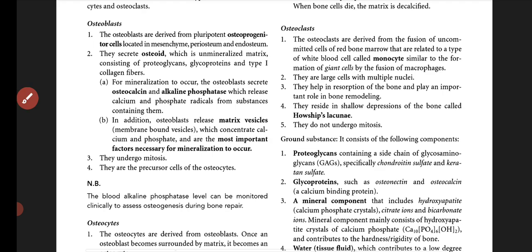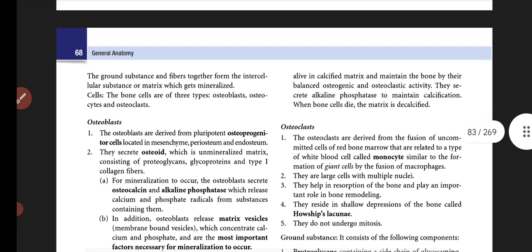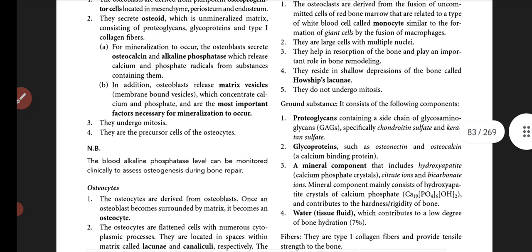Next one is the ground substance. It contains the following components. Number one is the cells: three types of cells, osteoblast, osteoclast, and osteocytes. And next one is the ground substance. It consists of the following components.